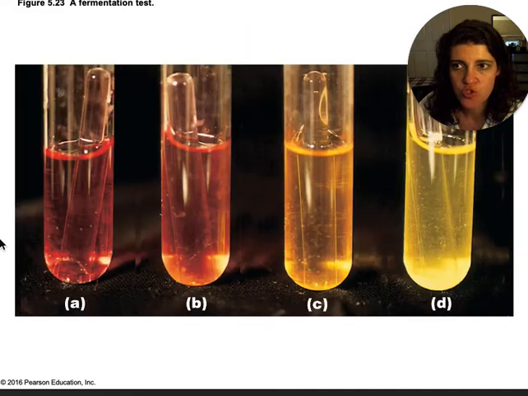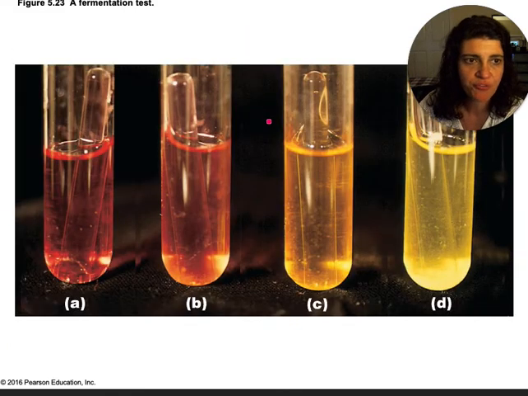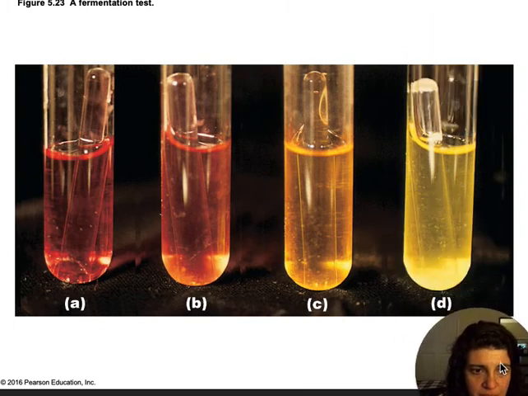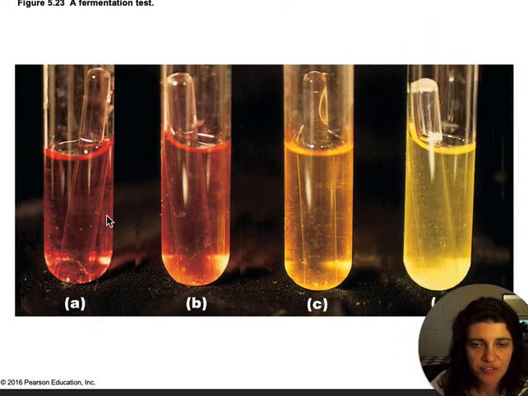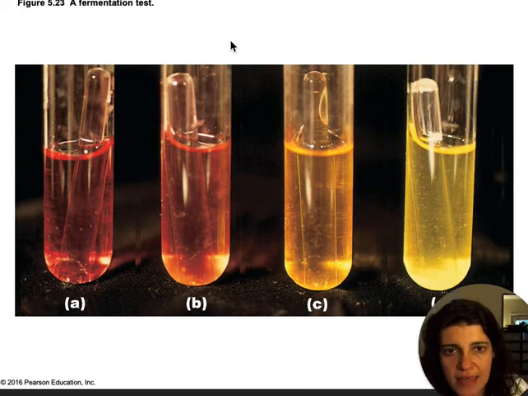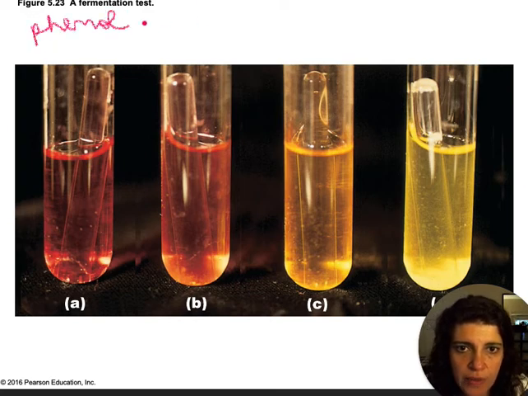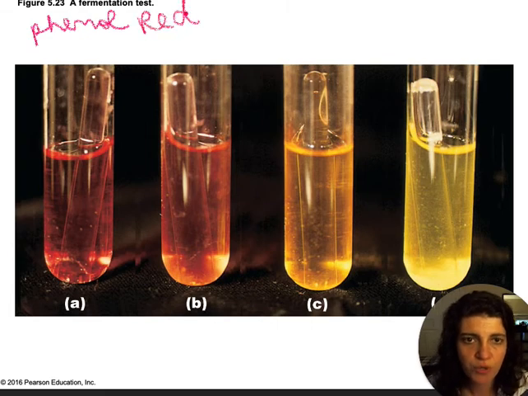I want to focus more on this assay, which is called fermentation test. What this is, is that you have a medium that has a substance that is called phenol red. And what phenol red does is it's a pH indicator.